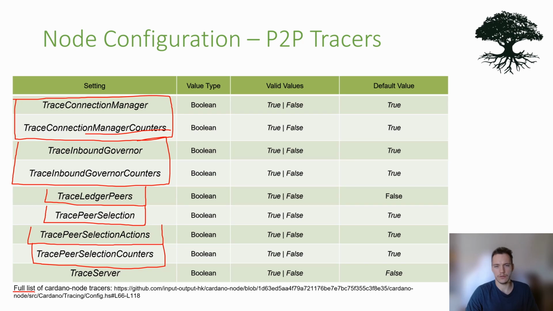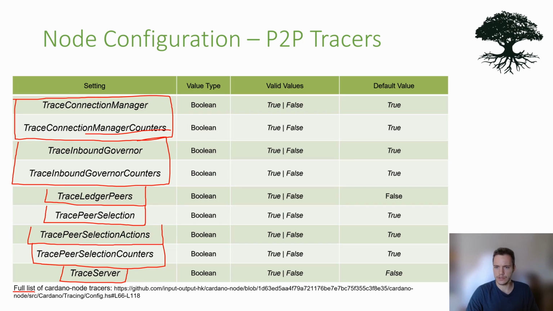Usually the counters are kind of the most important for us because they give us a high level overview of everything. So if we see the count of our peer types, the count of our different connection types, we have a good idea of what's going on. And the trace server, so relating to the server component of the peer-to-peer node.